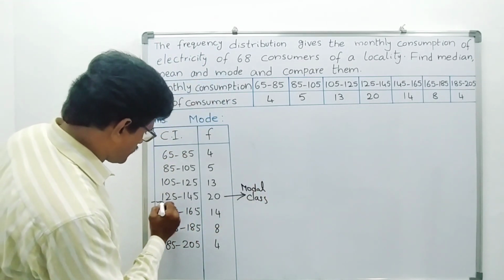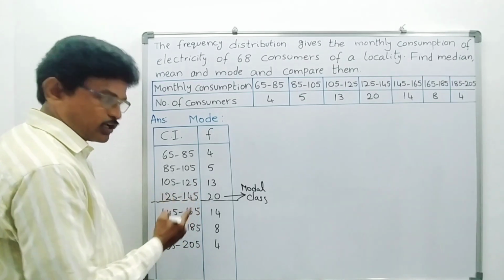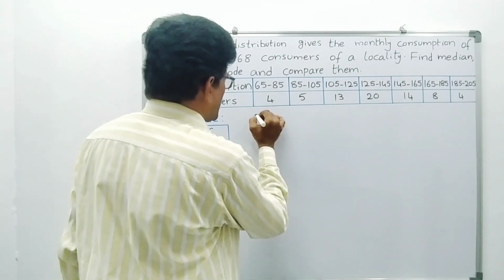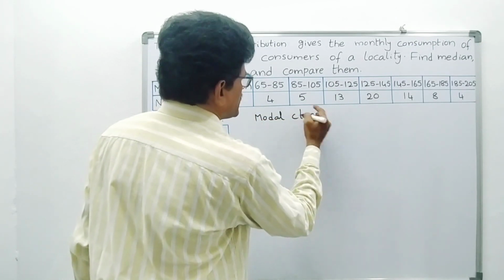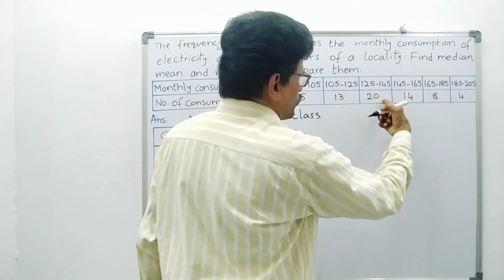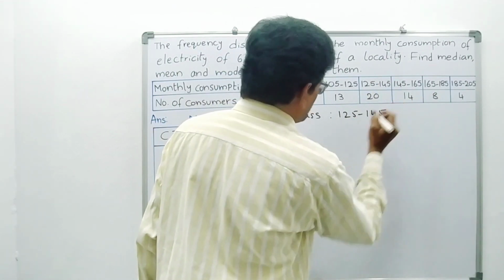You just draw like this. Now which is the modal class? Modal class, highest frequency: 20 is the highest frequency, 125 to 145.